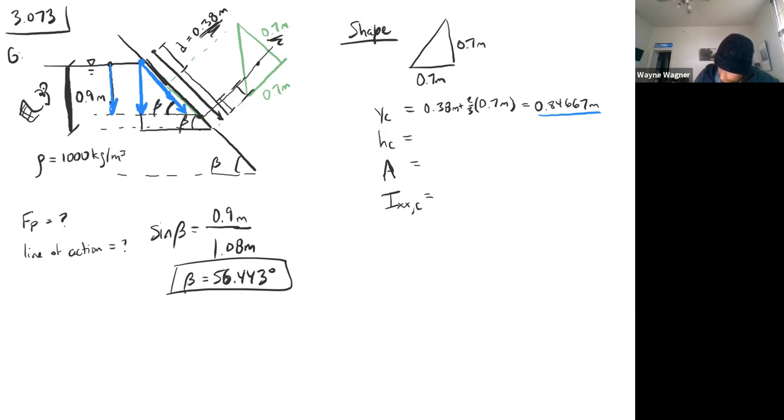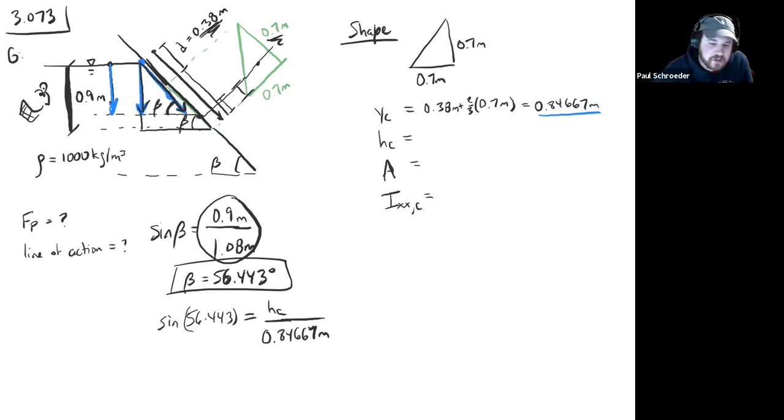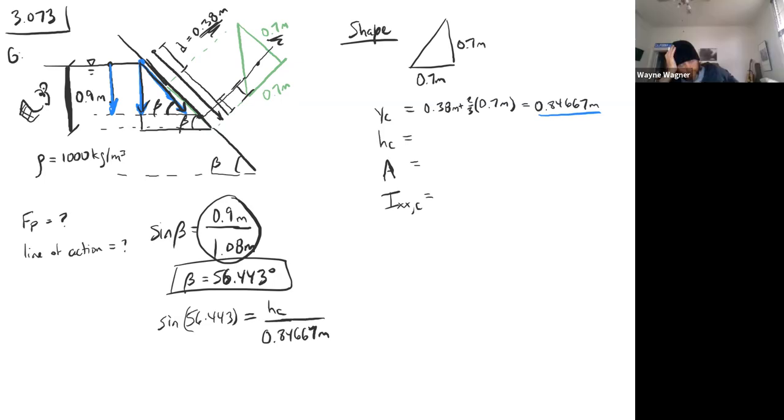In fact, it's completely silly to actually calculate the angle here, but sine of 56.443, which I already know what that is anyway, equals, in this case, the opposite, H sub C, over the hypotenuse, which is 0.84667 meters. And rather than solve this, wait, is that right? We could just treat this as similar triangles also? Yes, that was what I was about to do. That's a much easier way to do this.